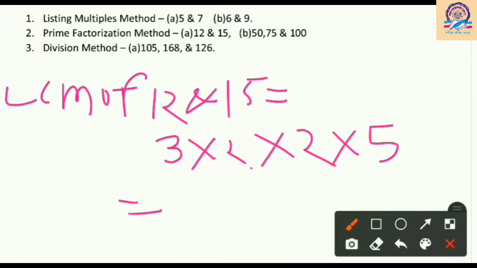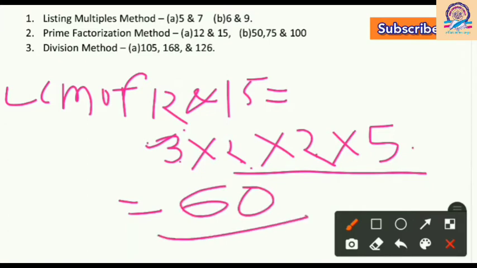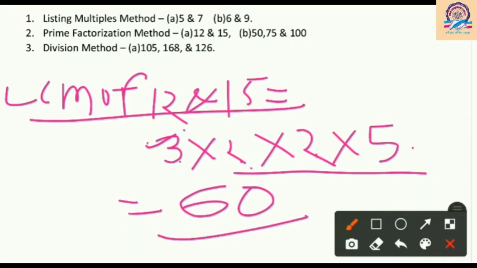Because there was only one pair of 3, just write it once, and then write the other numbers which have no pairs, the remaining numbers, as you can see. Now multiply all: 3 twos are 6, 6 twos are 12, 12 fives are 60. So here you got the LCM, and you can see that the LCM of 12 and 15 is 60. In this way you can use the prime factorization method.